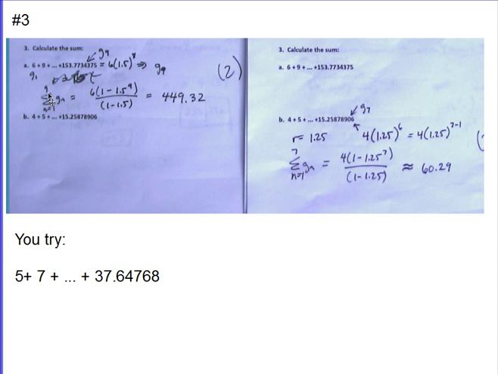It's finite because we're going from 1 to 9, the first term to the 9th term. Substitute those values in and you get 449.32. The same thing with quiz B. Your R value is 1.25. Again, you can guess and check to figure out that that is the 7th term, or you could use logarithms and you'll get 60.29 as your answer.